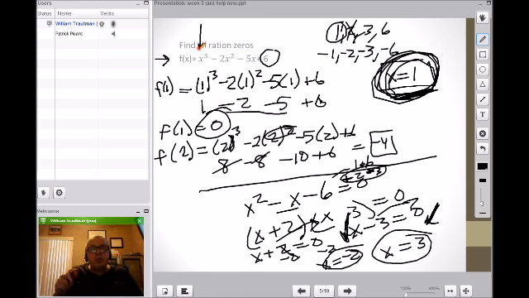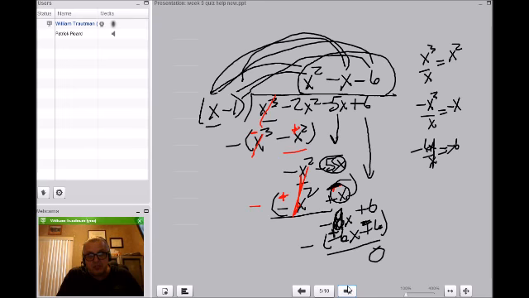As soon as you get one that equals 0, then you can divide that into the polynomial and find what's left over, your quotient, factor that, and then find the other solutions. It's a lot. You might have to watch this video more than once.